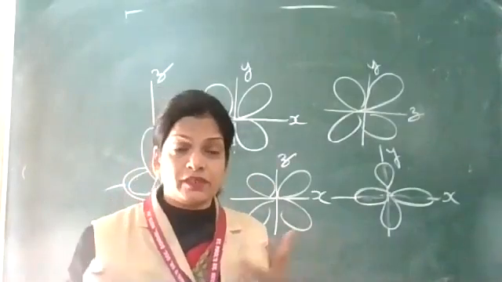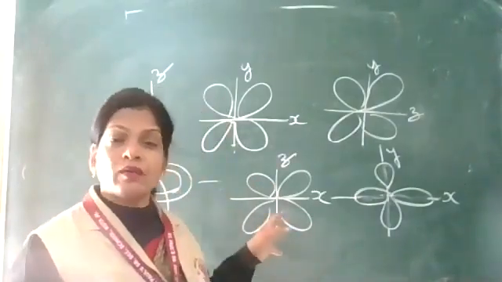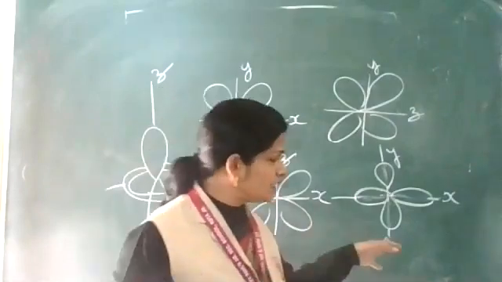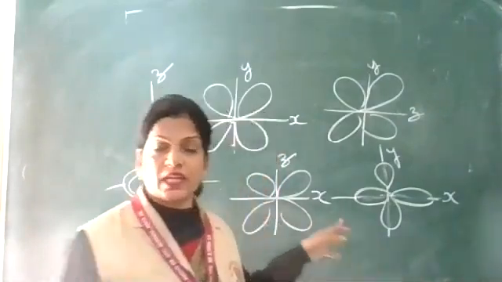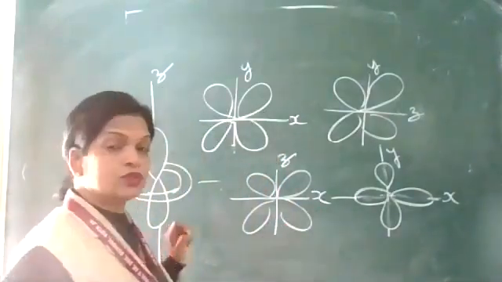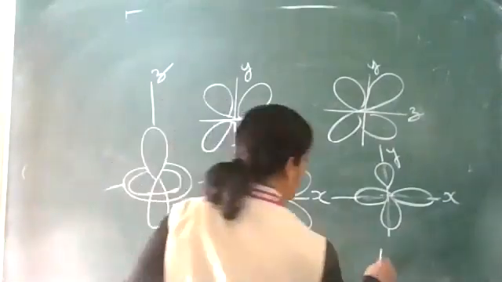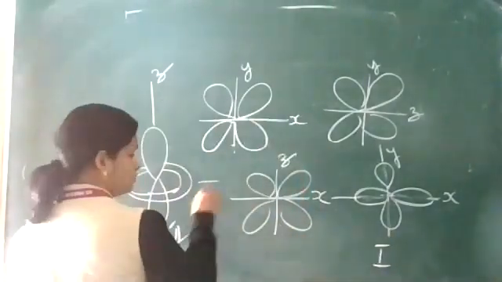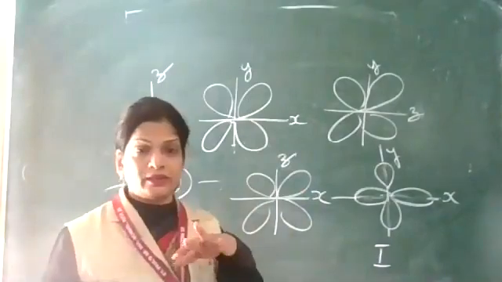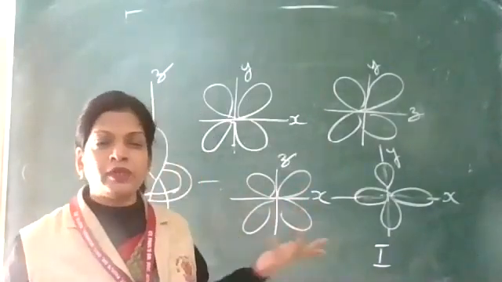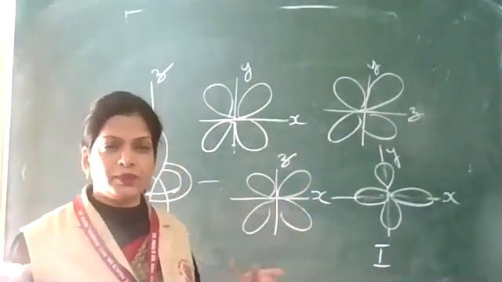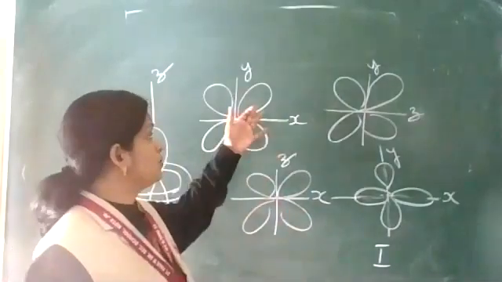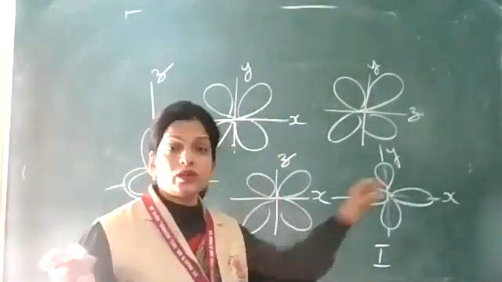Some are in between the axes, some are lying on the axes. 3dx²-y² is lying on the axis, and 3dz² is also on the axis. These two are lying on the axes and the others are in between the axes. The xy is in between, but here this is on the axis.